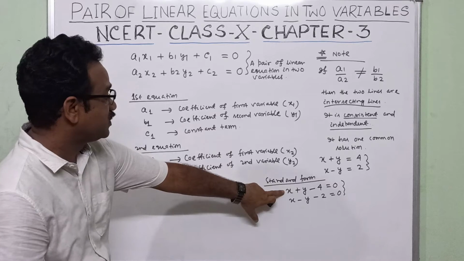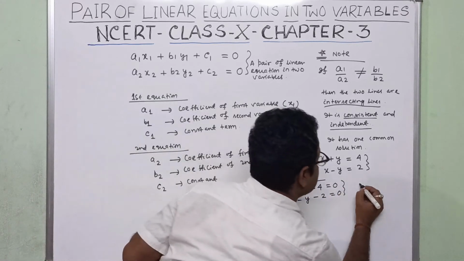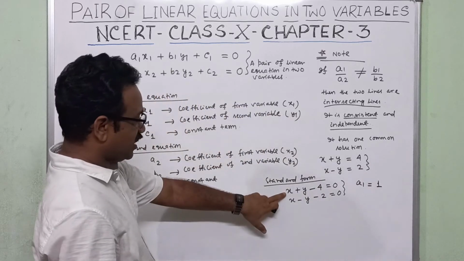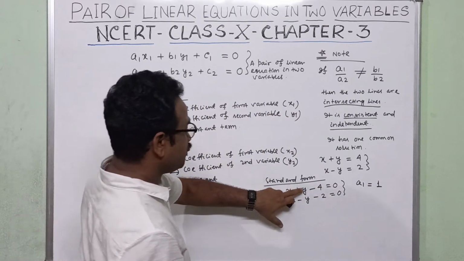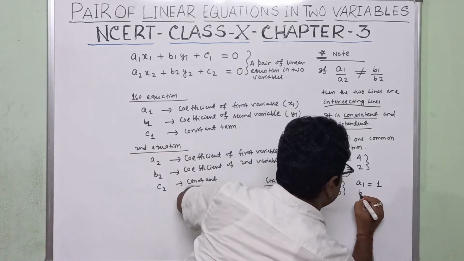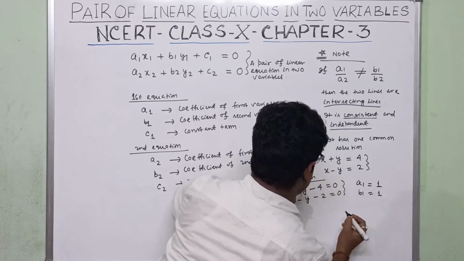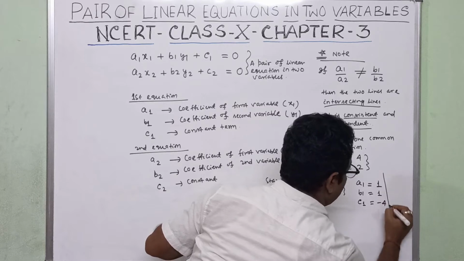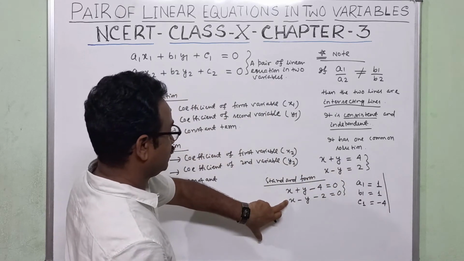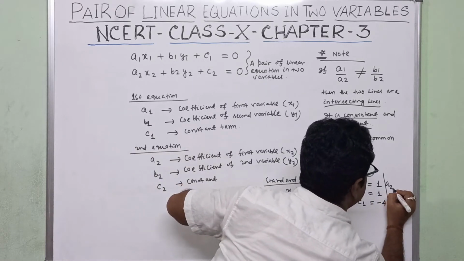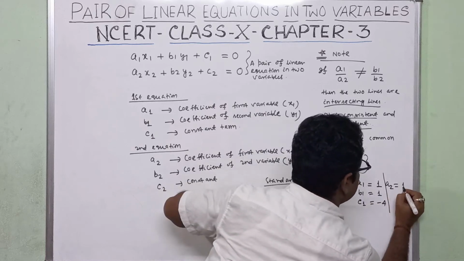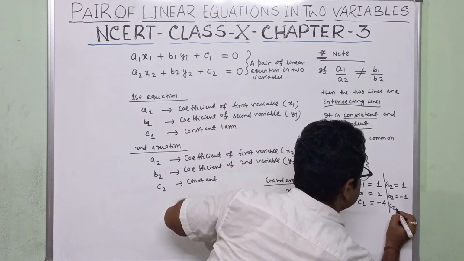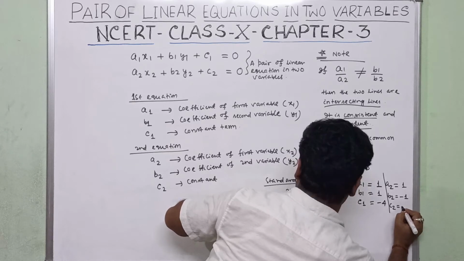So here a1 is equal to 1, b1 also 1, c1 is equal to minus 4. Now a2 is equal to 1, b2 is equal to minus 1, and c2 is equal to minus 2.